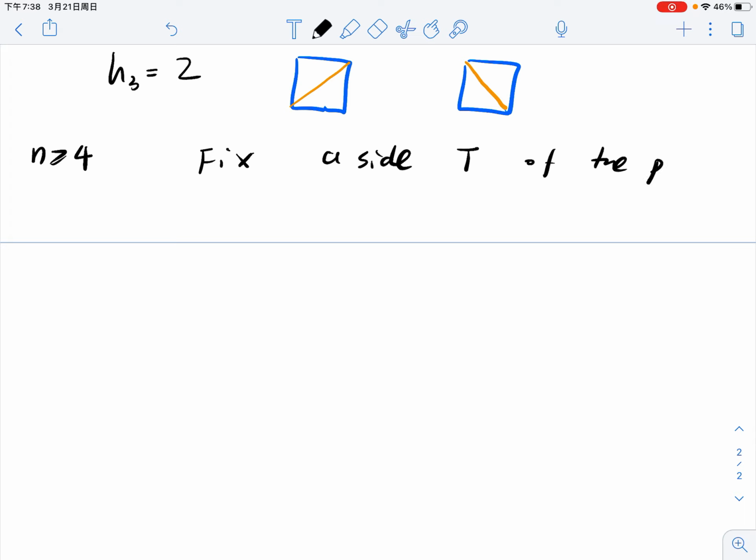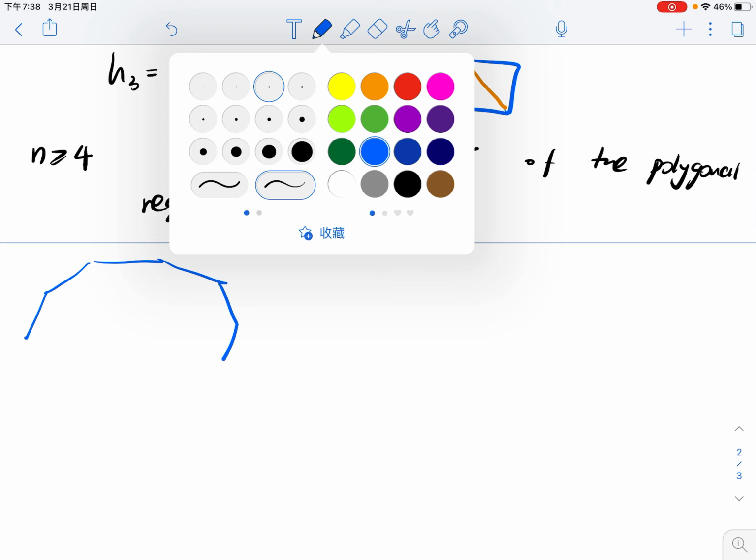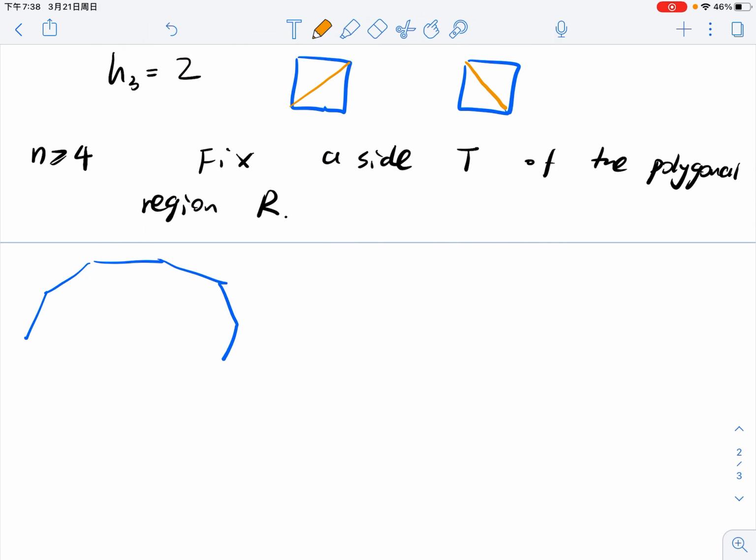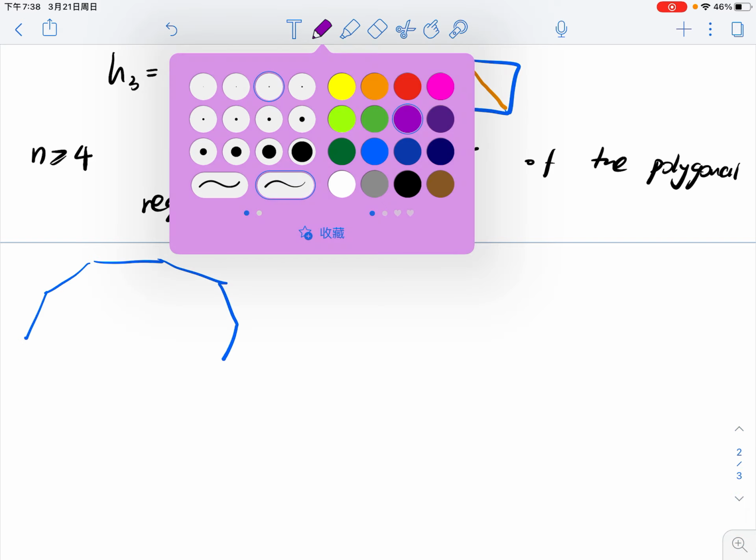of the polygonal region R. So we have many sides, I don't care. I first fix one side.